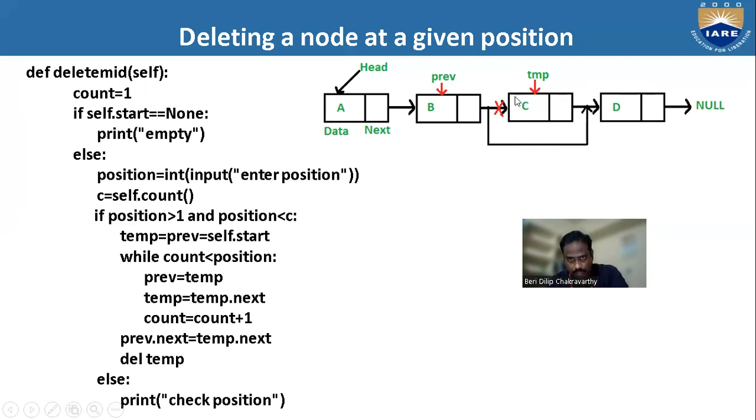I need to delete this. Before deleting, first I should break the links. I should place the address of D here in the address part of B. Here I need to store the address of D. Simply I'm deleting this, so you'll be getting A, B, D.